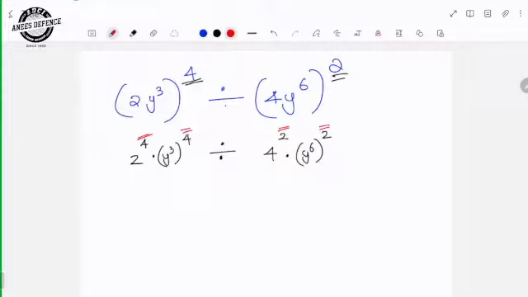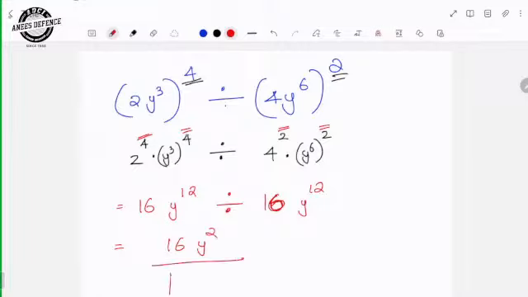So 2 raised to 4 will become 16. y raised to 3, raised to 4, will become y raised to 12, divided by 4 raised to 2, which is 16. y raised to 6 into 2 is 12. So this can be written as 16 y square by 16 y raised to 12.